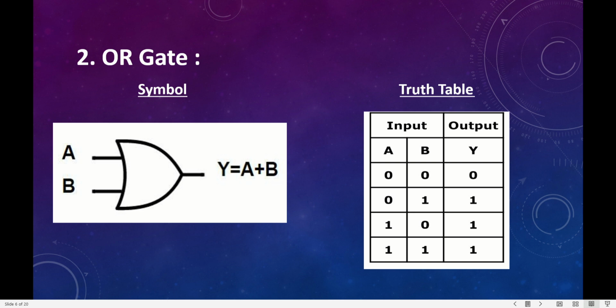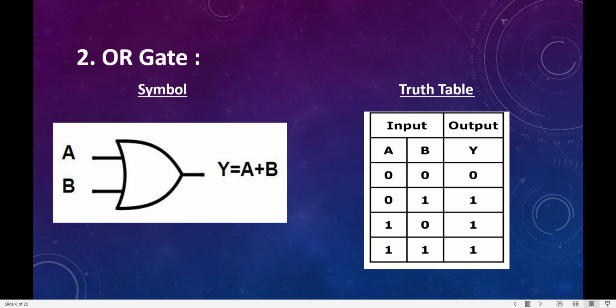So if the inputs are 1 1, then the output is also 1, and if the inputs are 0 0, then the output is also 0.